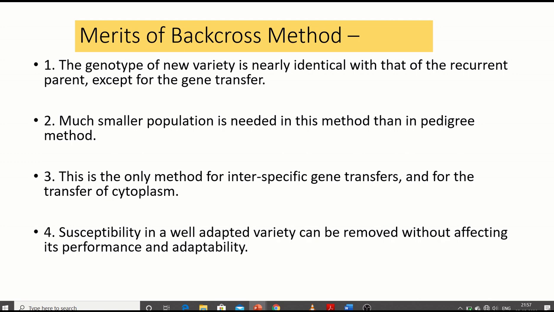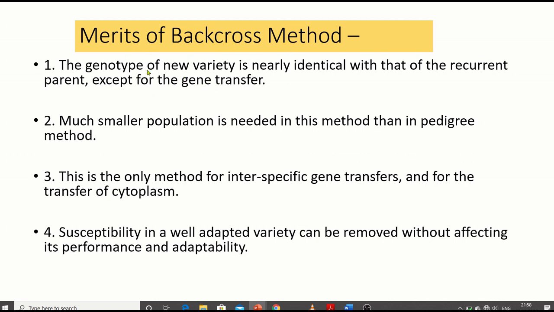Now coming to some of the merits of the backcross method: the genotype of the new variety is nearly identical with that of the recurrent parent except for the gene transferred. The new variety that is produced is nearly identical with the previous variety, and there is no loss of genetic variation or of agronomic character.